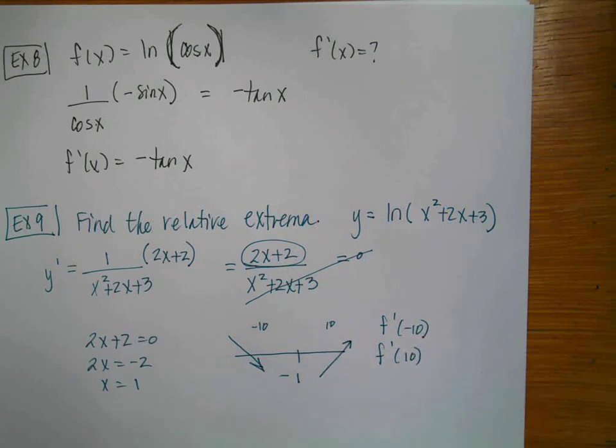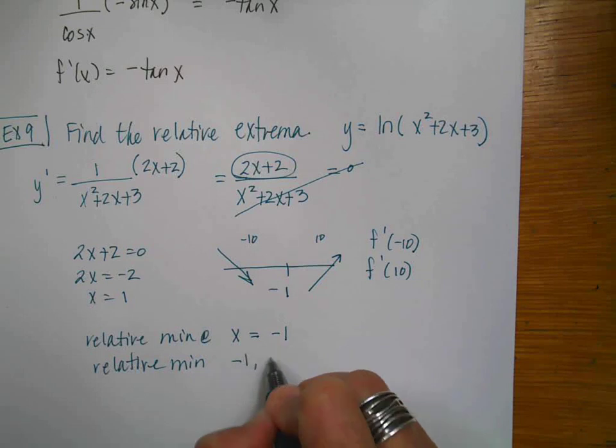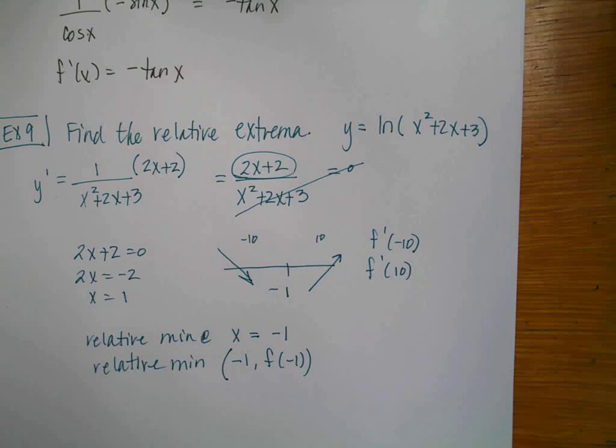And if I do f prime of a positive 10, I'm going to get that it's increasing. So therefore, I have a relative minimum at x is equal to a negative 1, or I could say I have a relative minimum at negative 1, f of a negative 1. Okay, so you could report your answer either way.